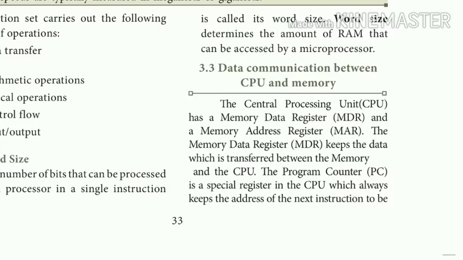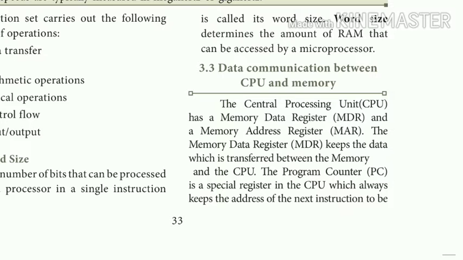You can see that this MAR, memory address register, is for calculation of memories in the device. So the MDR, the memory data register, keeps the data during the transfer between the memories and the CPU.